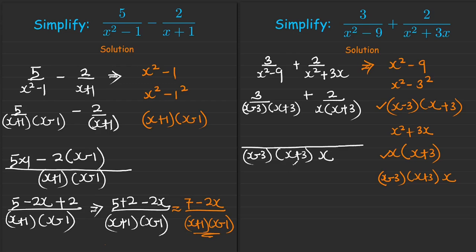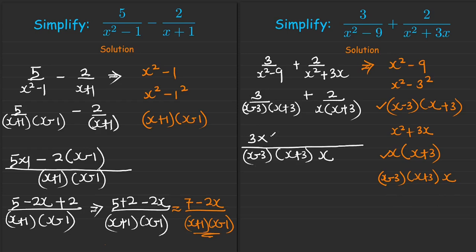We now work on our numerator. So if we have all of this and we want to divide by this denominator, that is x minus 3, then x plus 3, you realize that this x minus 3, x plus 3 is going to cancel the whole of this, and we'll be left with just our x. So that x multiplies the numerator we have here.